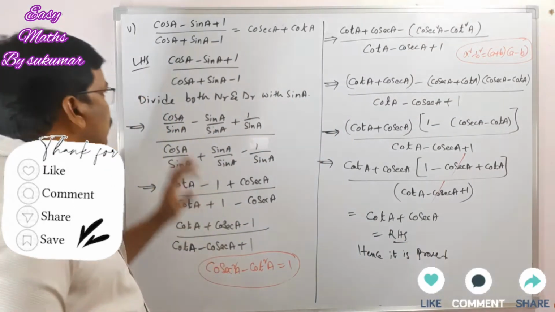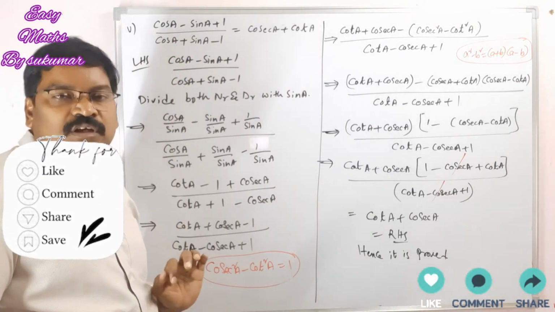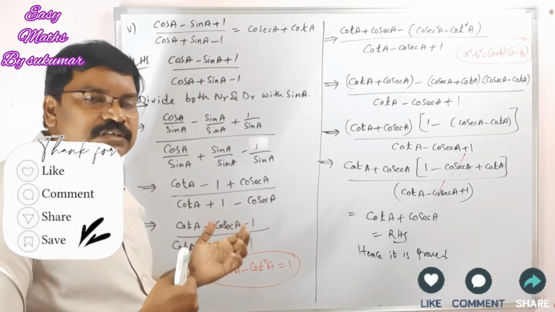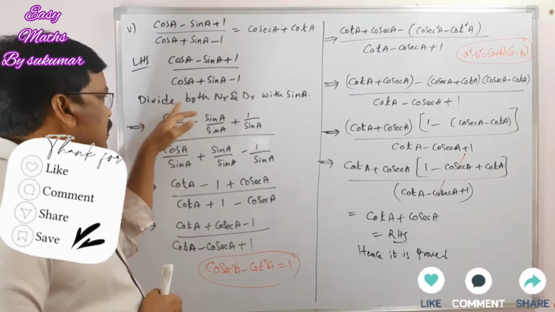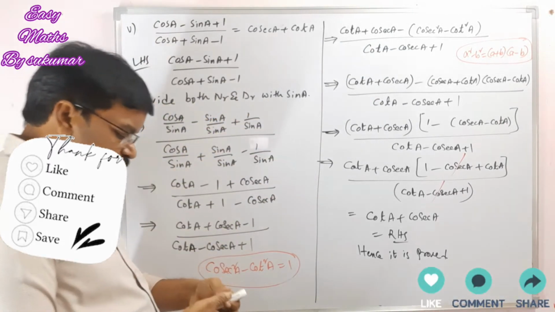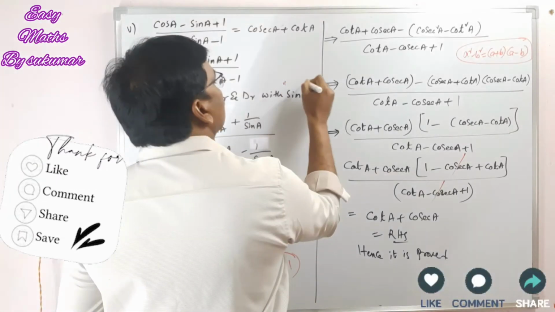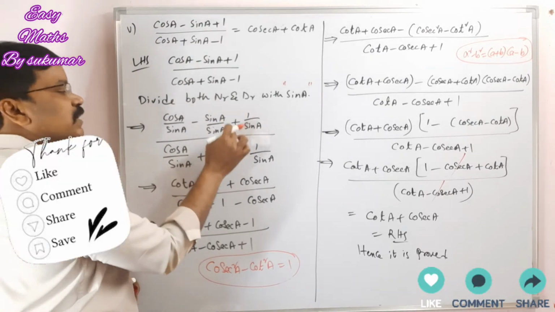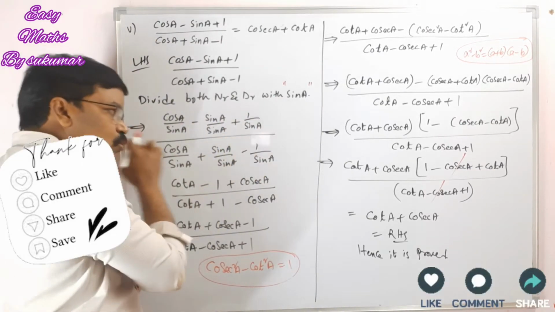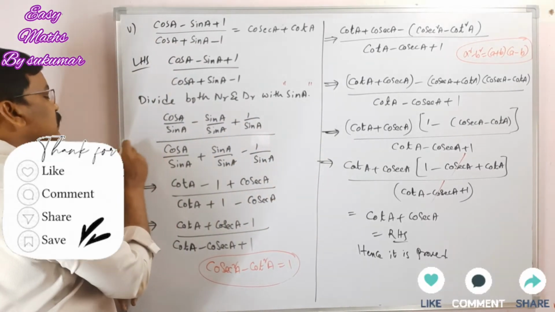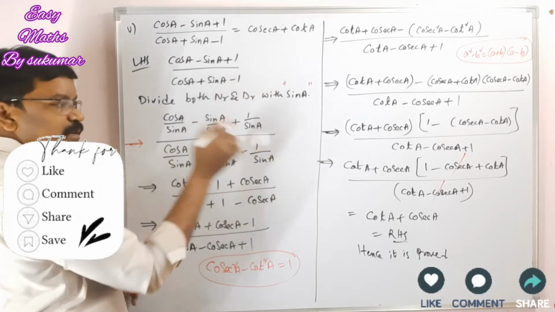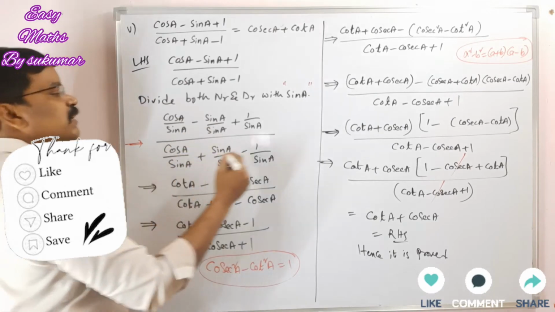Here take the LHS first, cos A minus sin A plus 1 by cos A plus sin A minus 1. What I did here in the beginning, just I divide both numerator and denominator with sin A. That means cos A by sin A minus sin A by sin A plus 1 by sin A whole by cos A by sin A plus sin A by sin A minus 1 by sin A. See, cos A by sin A means what?